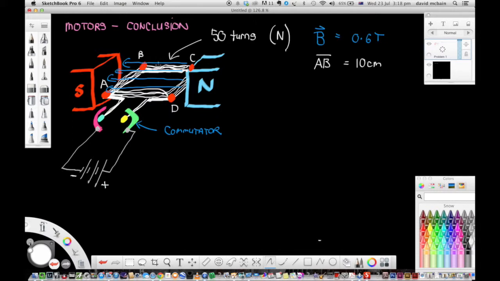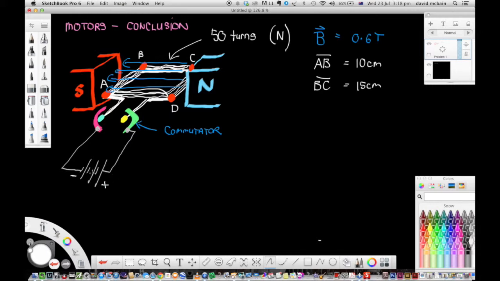Distance BC is 15 centimeters. And CD is going to be the same as AB. So both these sides are the same, and they're both 10 centimeters.